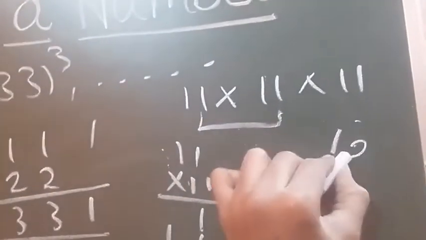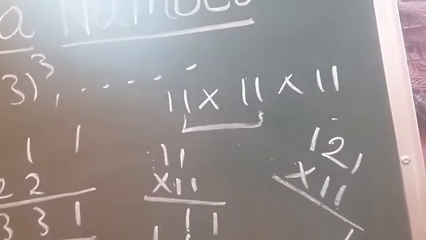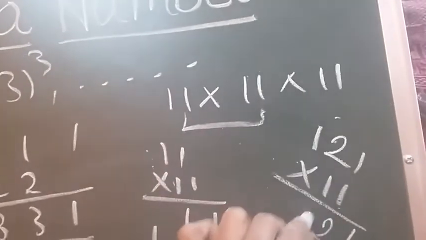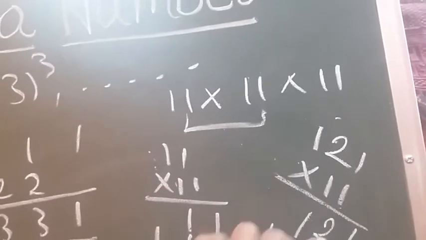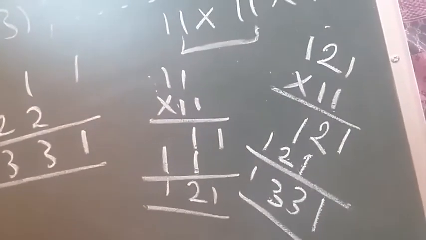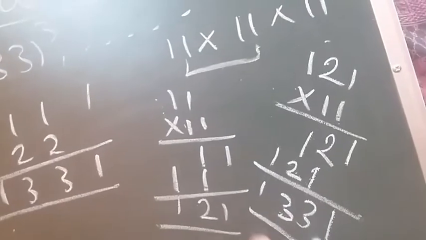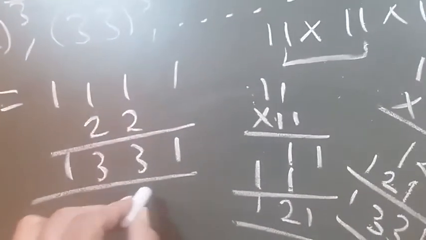Now multiply again with one more 11. Then you will get the cube of the number. 2 plus 1, 3. 1331 is the cube of the number 11. Here also we got the same answer, 1331.